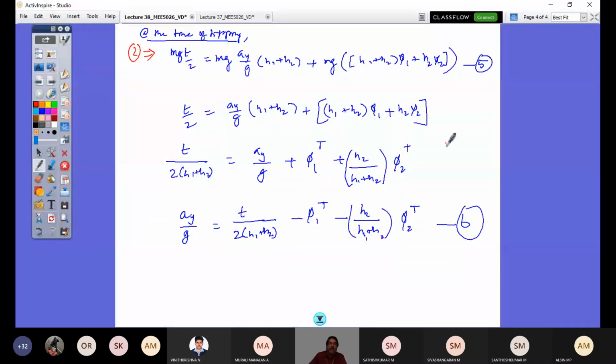Delta R, delta small r, is the radial deflection of the tire. And C subscript capital R is the radial stiffness of the tire.